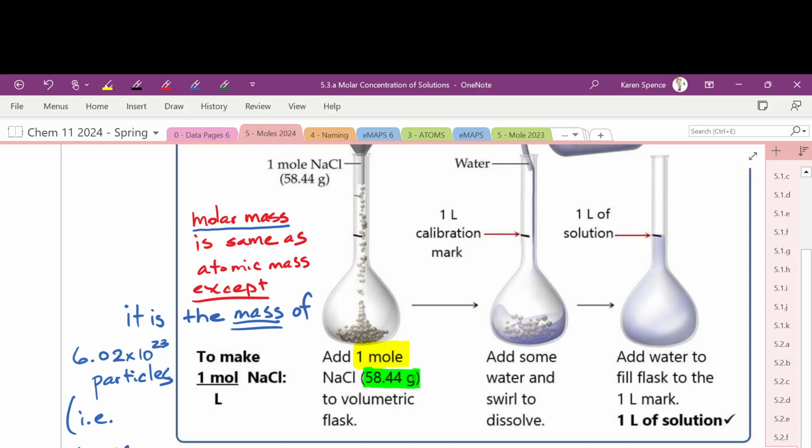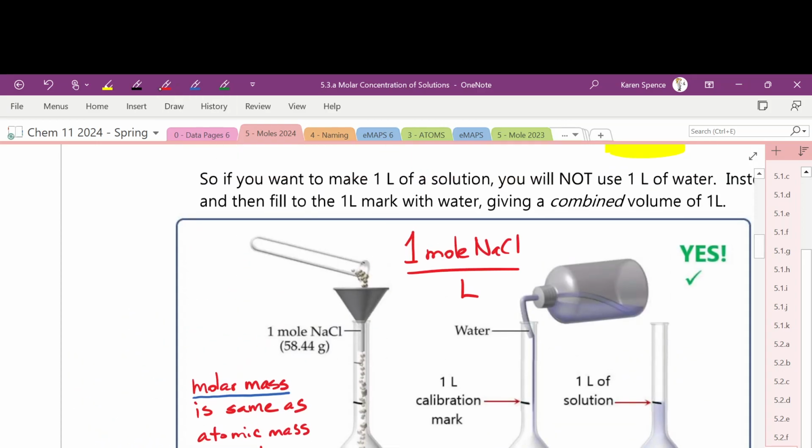So what I would do is, if I were the person doing this, I would say, I want to have 1 mole of NaCl in this 1 liter flask. So I'm going to measure out 58.44 grams, and I'm going to use a funnel to dump it into the flask.